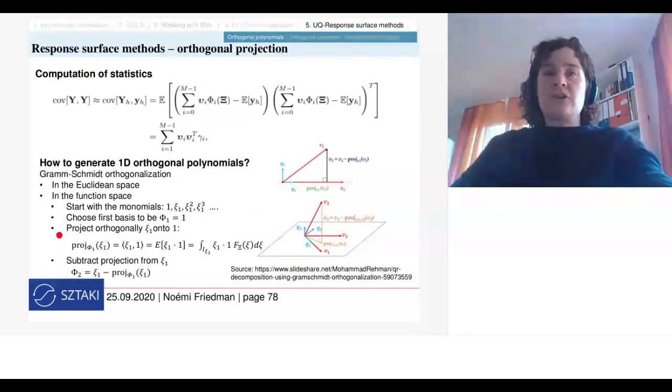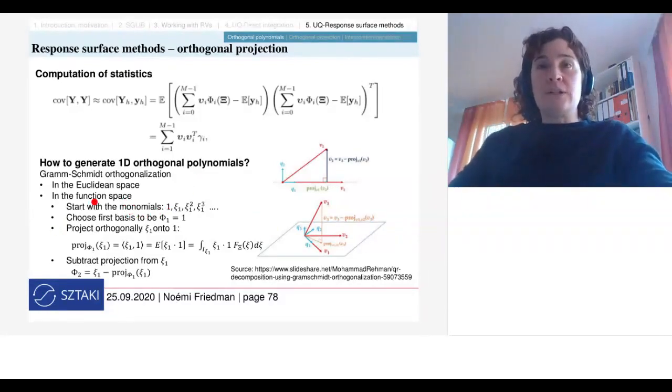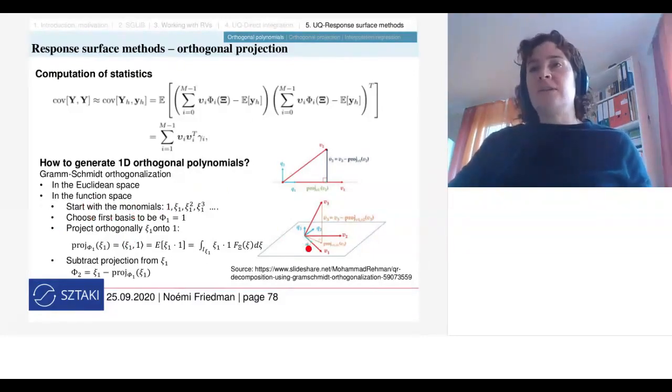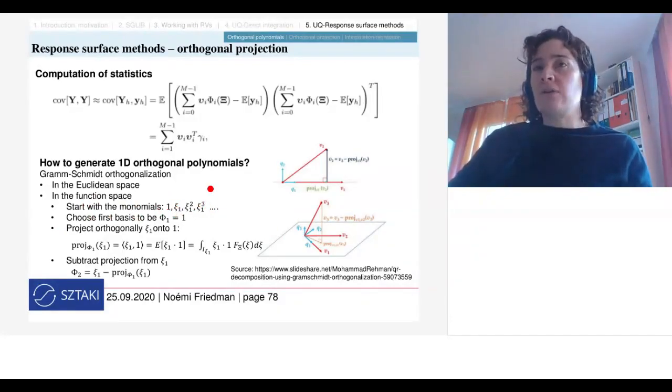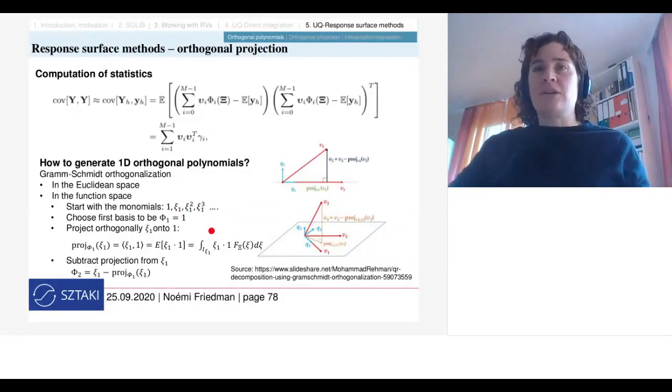So when you are in the functional space and not in the Euclidean space, you do something similar to that. You start with, now the v1, v2, v3 will be directly the monomials. So 1, psi1, psi1 squared, psi1 to the power 3. These are the monomials. But these are not orthogonal with respect to the underlying, let's say, Gaussian measure, if I have a Gaussian measure. So I want to orthogonalize them.